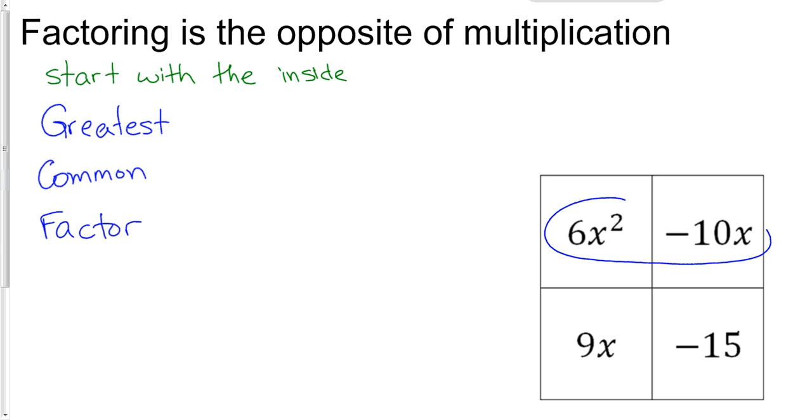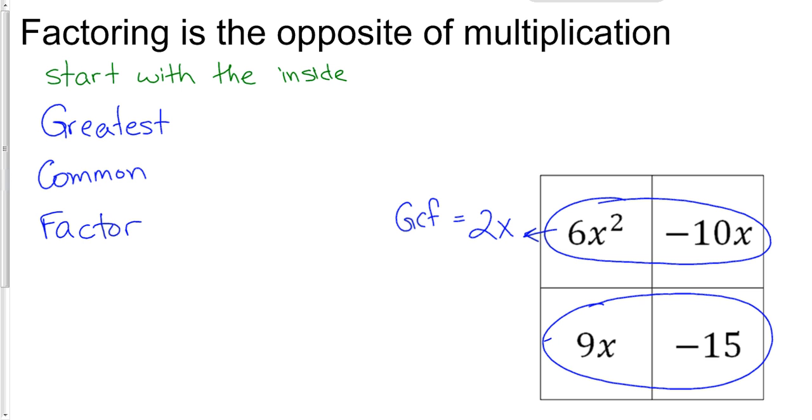So, for example, our first row pairs 6x squared with negative 10x. From that pair, we look at the GCF, what's common. So the GCF of 6x squared and 10x would be 2x. They're both divisible by 2, and they both have an x.